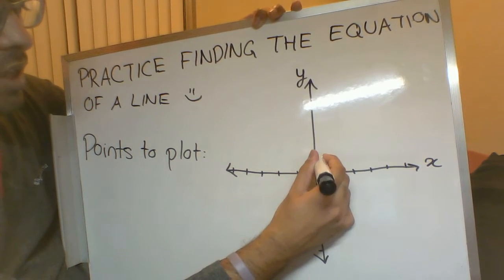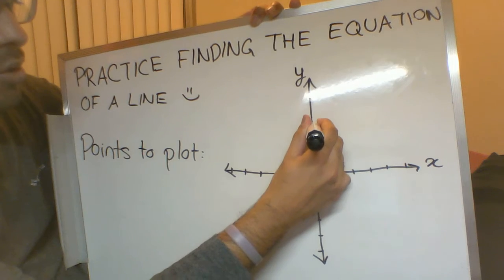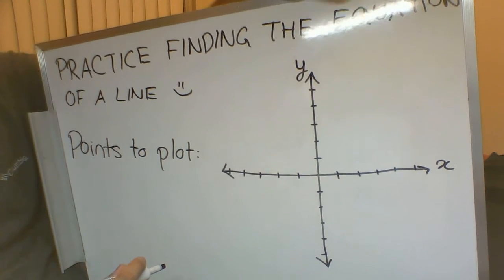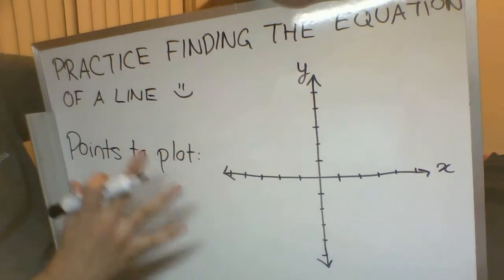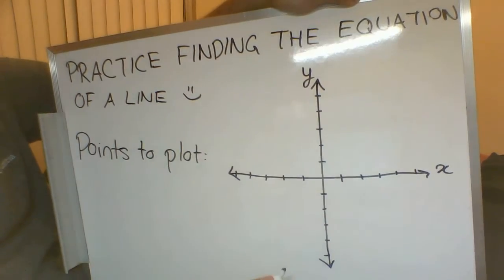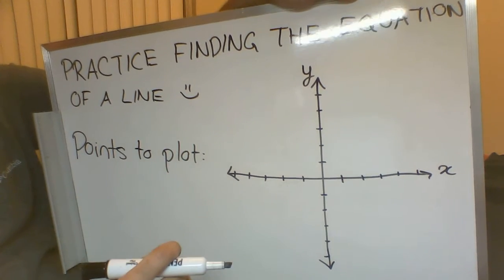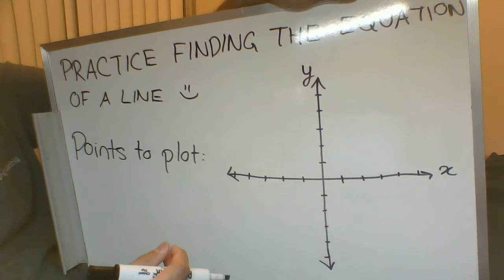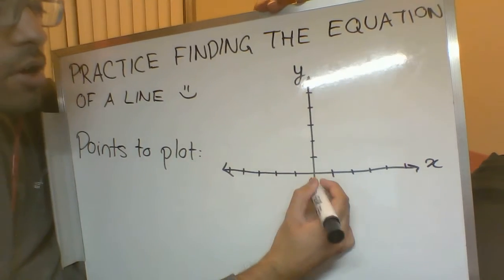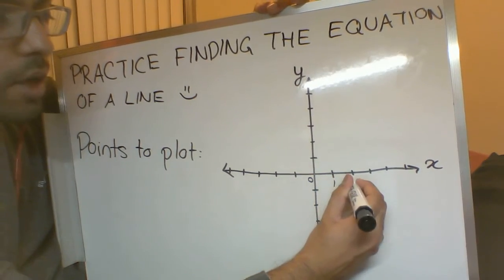One thing that was definitely easier working on the blackboard was trying to keep these things straight, because I'm sitting at such an angle to this thing that sometimes the graph might look a little bit weird. The line looks straight to me and then I look at the camera and it's definitely not straight, or the points aren't evenly spaced. So hopefully that's not too much of a problem.